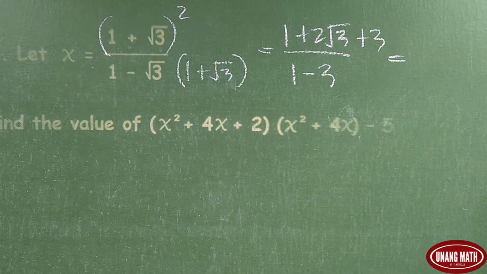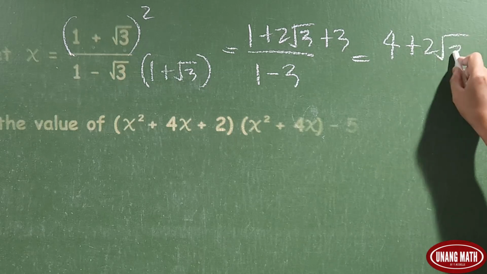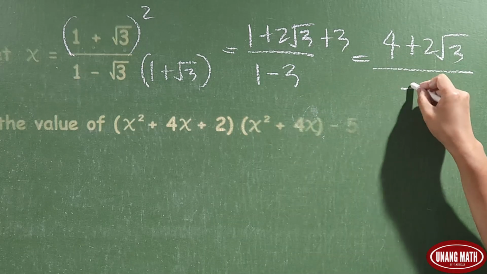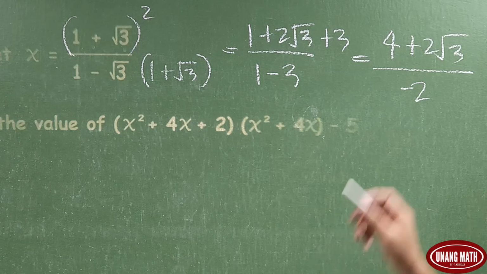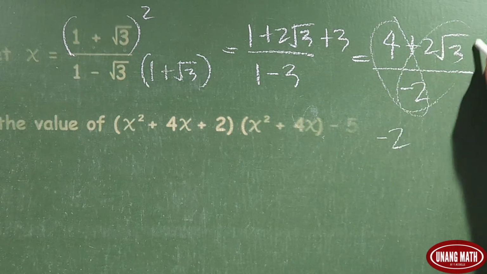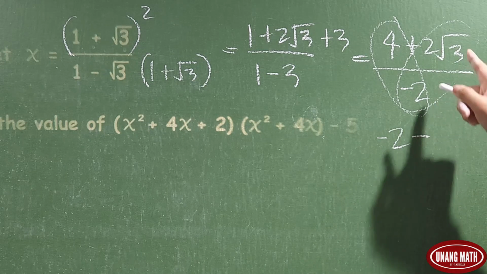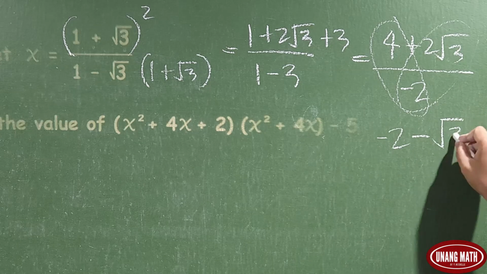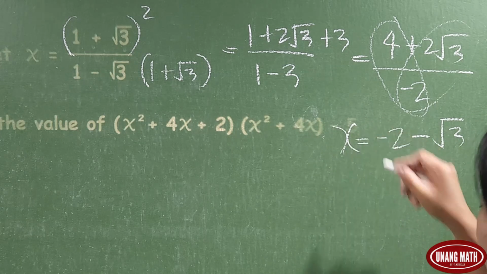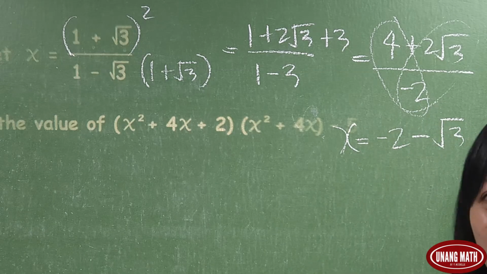If we simplify further, this is equal to 4 plus 2 square root of 3, and the denominator is negative 2. 4 divided by negative 2 is negative 2. 2 divided by negative 2 is negative 1, so minus 1 times square root of 3, or just minus square root of 3. So x is equal to negative 2 minus square root of 3.